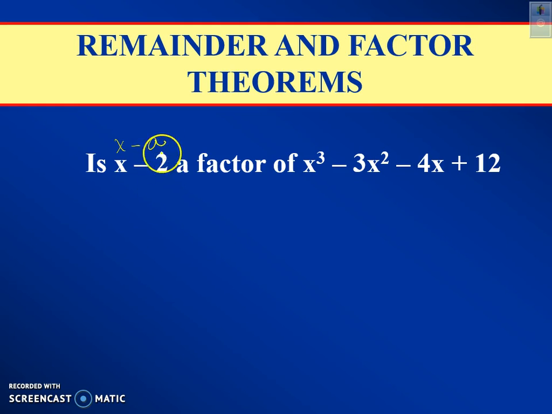So a is equal to 2, which means we're going to put a positive 2 on the outside there. Bringing down all of your coefficients, this time I have 1, negative 3, negative 4, and then the constant term for each of my degrees. So everything is accounted for. Whoops, this first one should be a 1.